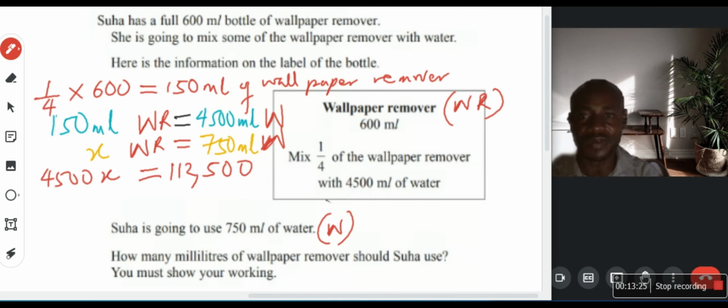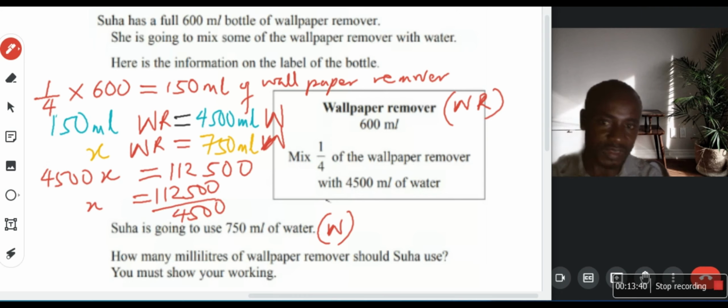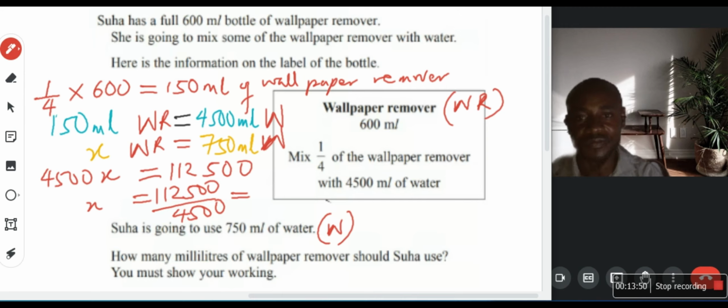That's what we have. So now we can find X by dividing both sides by 4,500. So X becomes 112,500 divided by 4,500, that's 25.